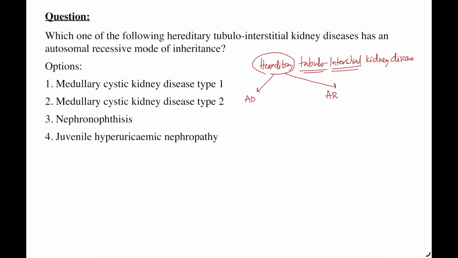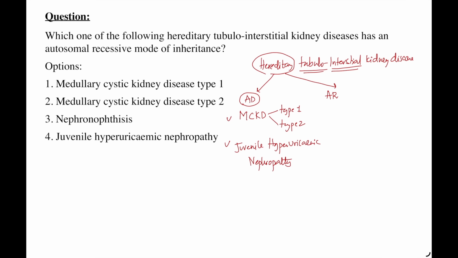Those conditions which are inherited in an autosomal dominant manner are medullary cystic kidney disease. We have type 1 and type 2. Both are inherited in an autosomal dominant fashion. Along with that, there is a condition known as juvenile hyperuricemic nephropathy. Remember this condition. Even this condition is inherited in an autosomal dominant fashion.